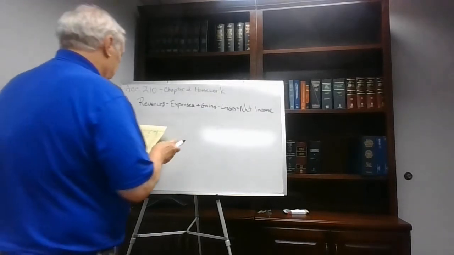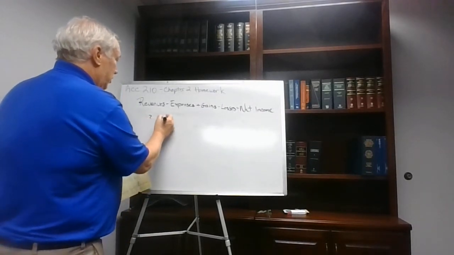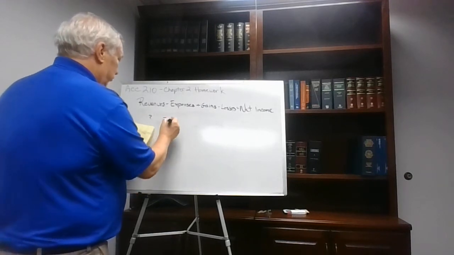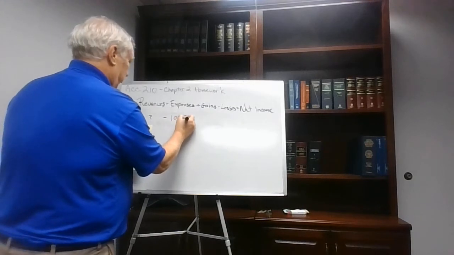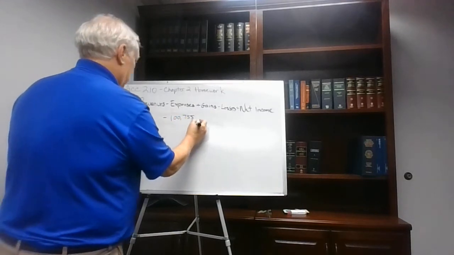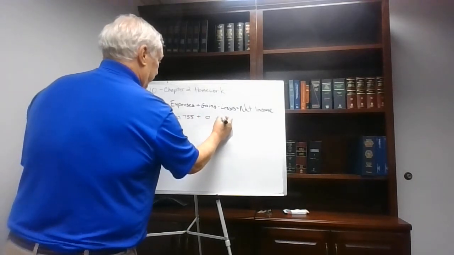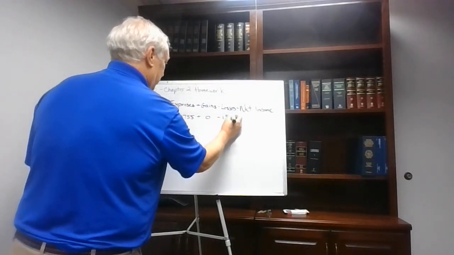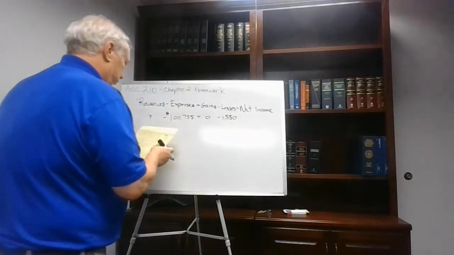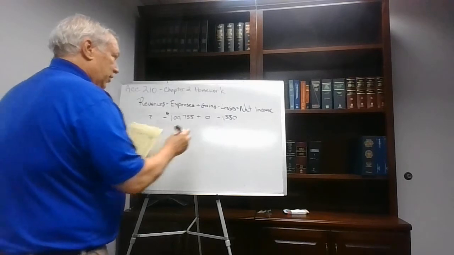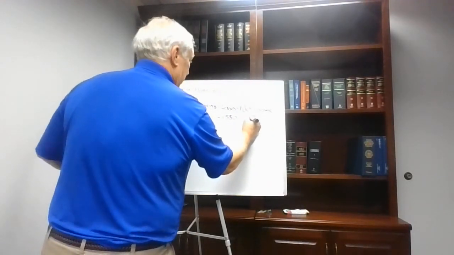Okay, so let's take a look at this next example where revenues is the question mark, minus expenses, and they give us a lot of expenses here, 100,755 plus 0 in gains minus 1,550. Okay, put our dollar sign in there, and that equals net income that they tell us is negative.